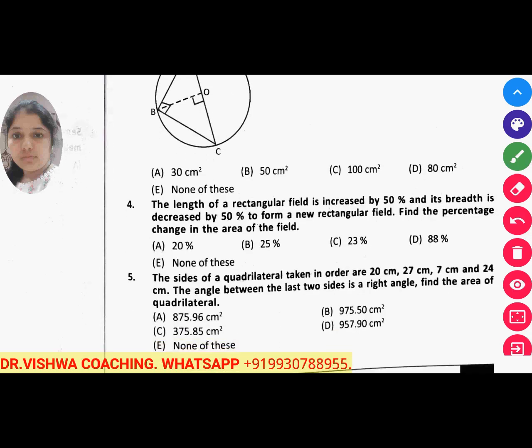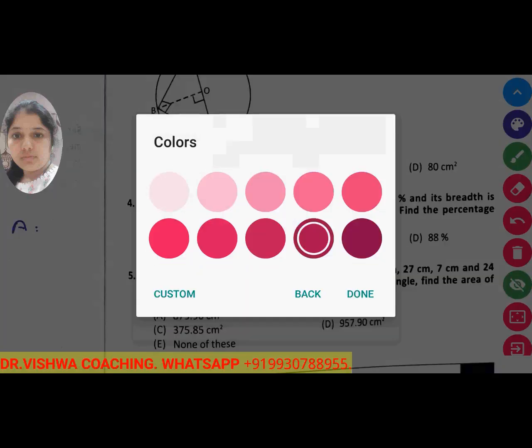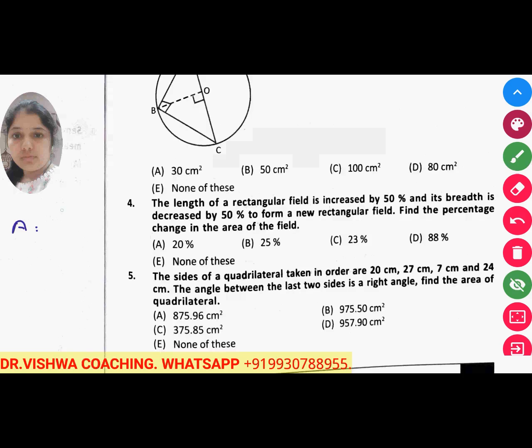Now the length of the rectangular field is increased by 50% and its breadth is decreased by 50% and forms a new rectangular field. Find the percentage change in the rectangular field. Now see, the formula for the area of a rectangle you must know before we solve the problem. So area of rectangle is length into breadth. Okay, so this is the original area A1, we can say.